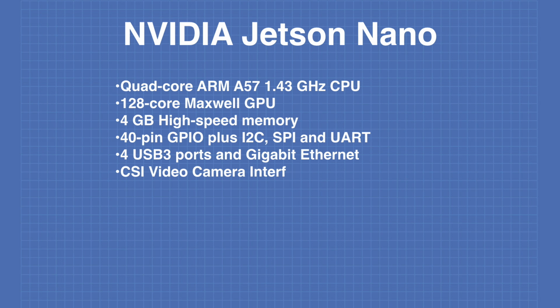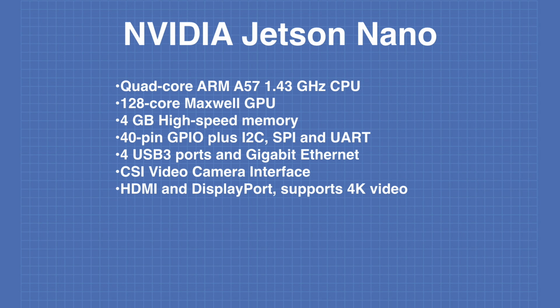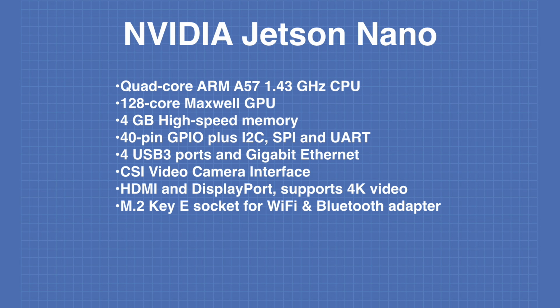It has a CSI video camera interface that's compatible with the Raspberry Pi version 2 camera. It has HDMI and DisplayPort outputs. Each supports 4K video and they can both be used simultaneously. There is an M.2 Key socket for a Wi-Fi and Bluetooth adapter. You supply the Jetson Nano with 5-volt power using a micro USB or 2.1mm jack.